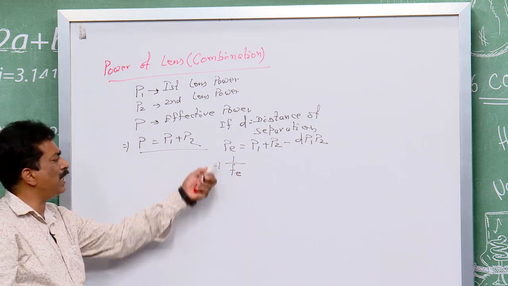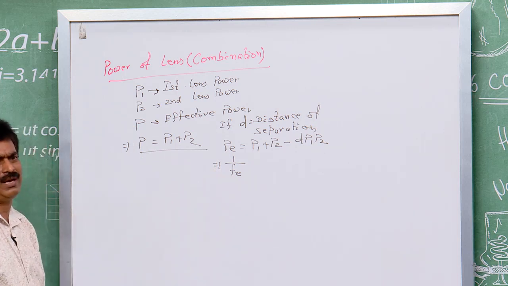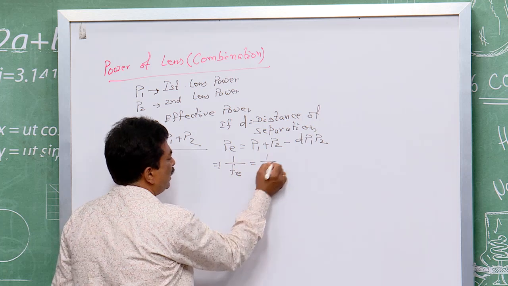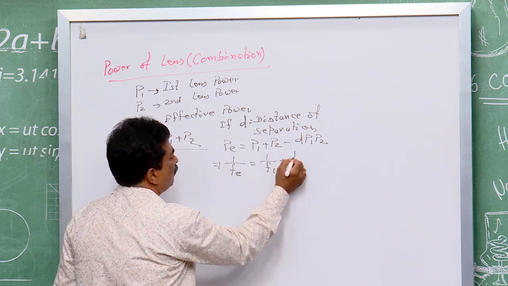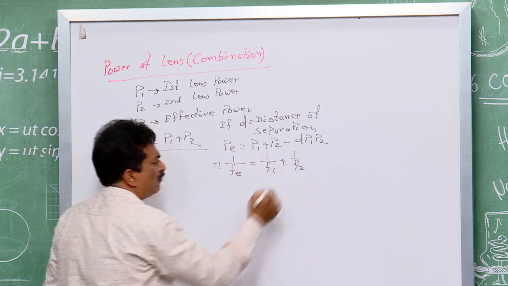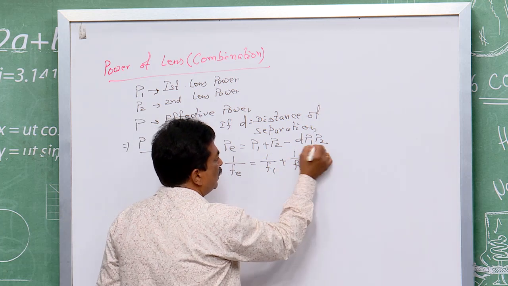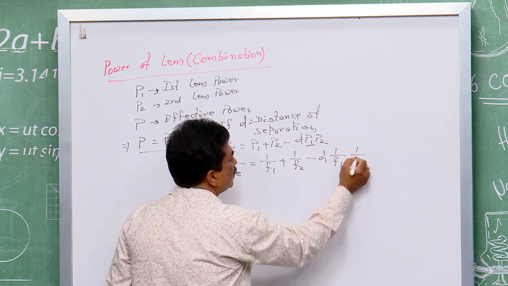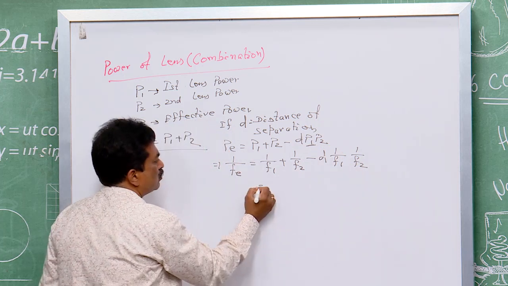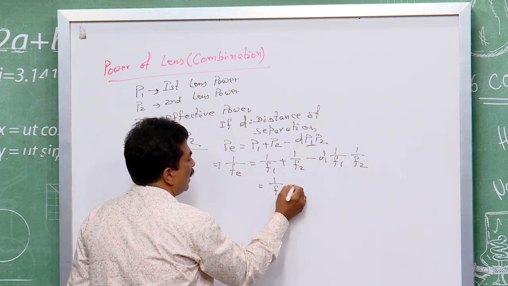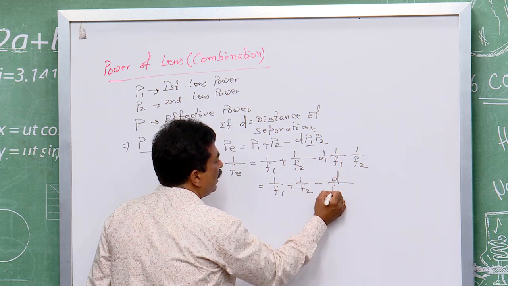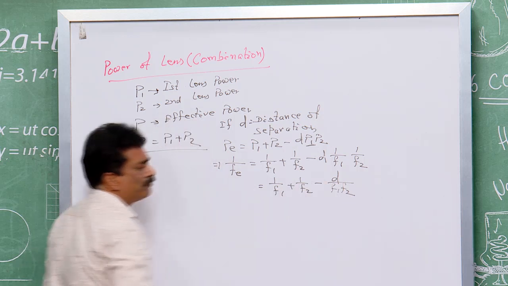The power of the lens is the reciprocal of the focal length, as we discussed. So 1 by Fe is equal to 1 by F1 plus 1 by F2 minus D. Here P1 is 1 by F1 and P2 is 1 by F2, so this implies 1 by F1 plus 1 by F2 minus D by F1 F2.